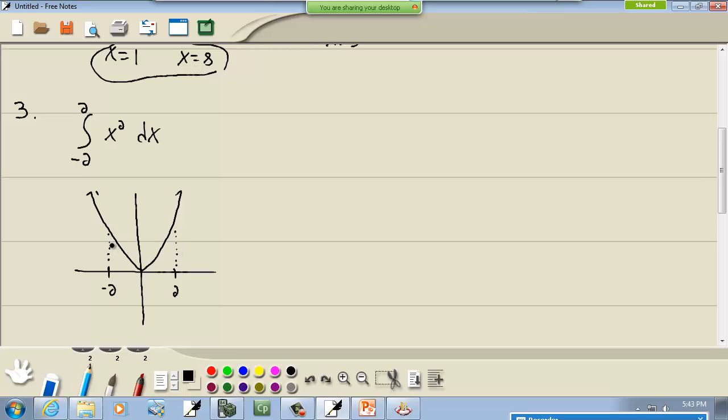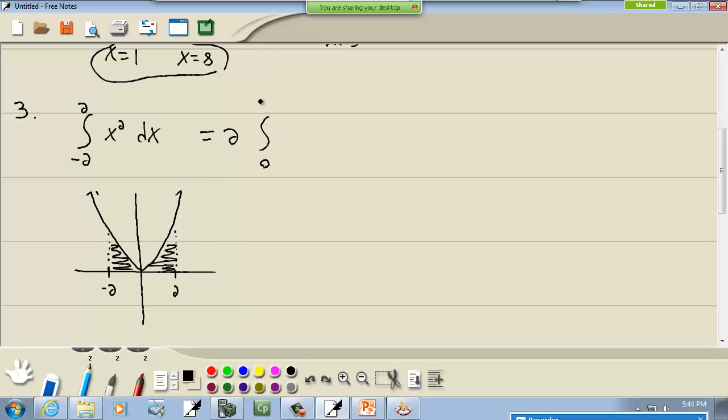I'm trying to find this area right here. See how this symmetry here? This is an even function. It's symmetric to the y-axis, which means that I can just find half of this. I can find it from 0 to 2 and then multiply it by 2.